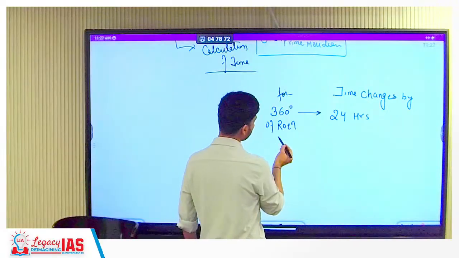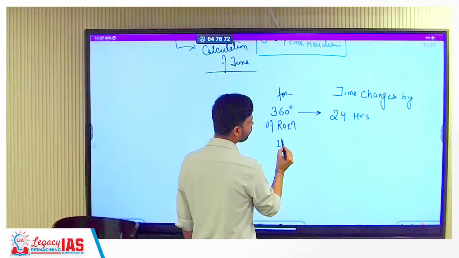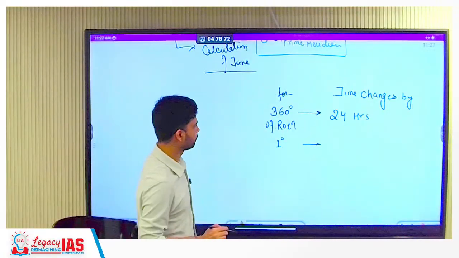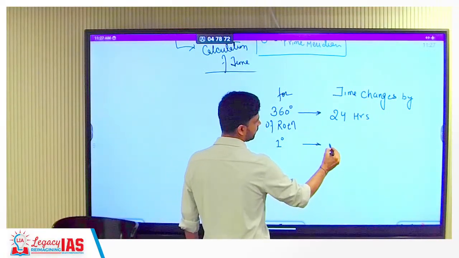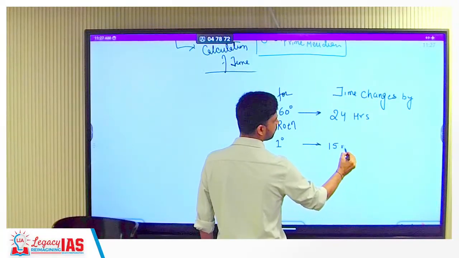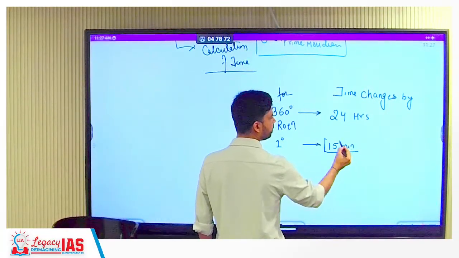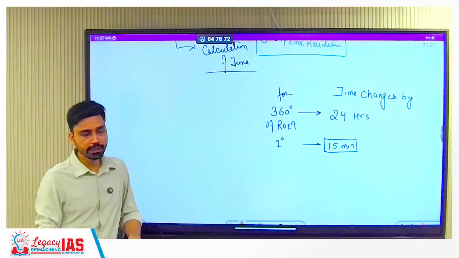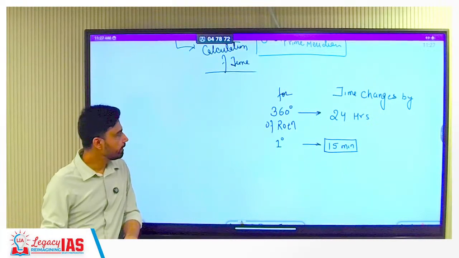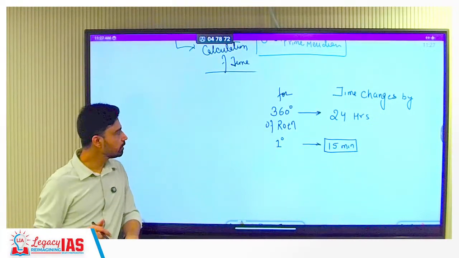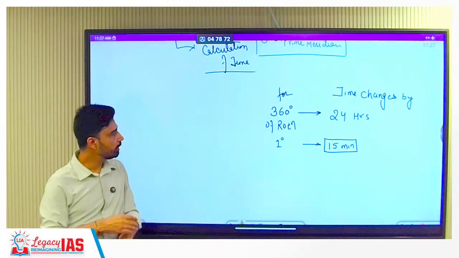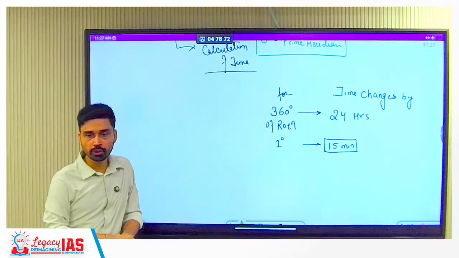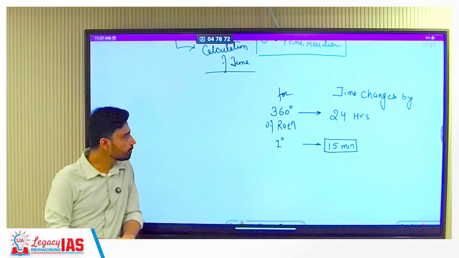That means if I say for every 1 degree of rotation, how much will time change by? 15 minutes, right? Because you convert 24 hours into minutes and then divide it. Okay, in 1 hour, how much is the Earth rotating by?